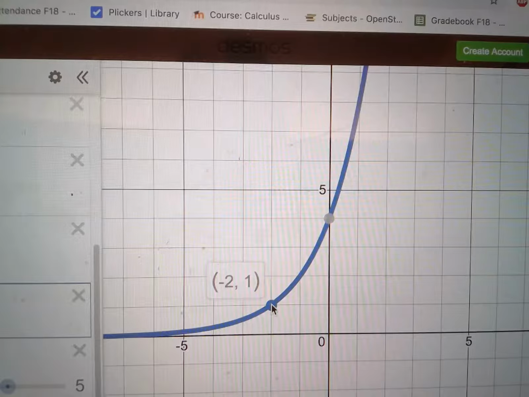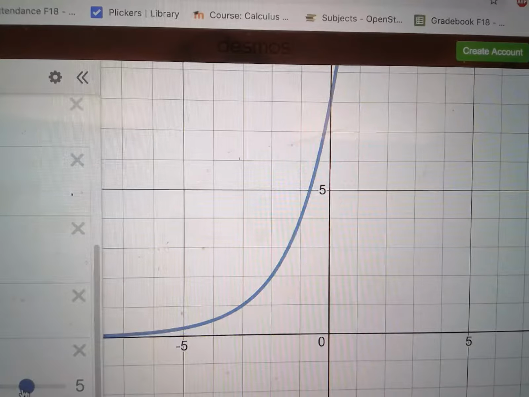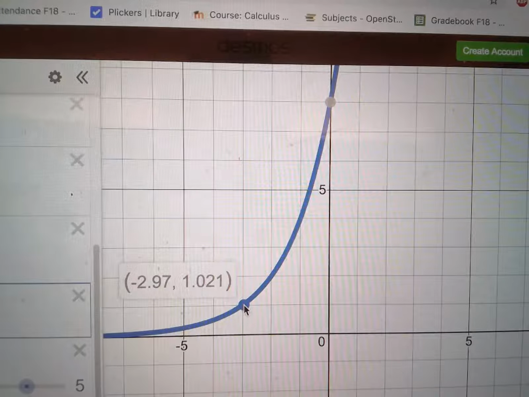This would be the graph of 2 to the x plus 2. If I shift it one more, I'm shifting it more and more to the left, and it looks like 2 to the x plus 3, then here is my point where it hits 1. This is the part that we're looking for to shift.